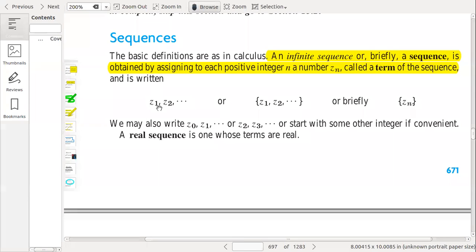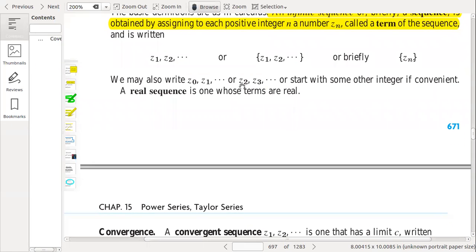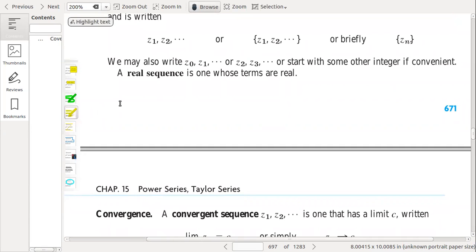We can write a sequence as Z1, Z2, and so on, or we can write these terms in brackets, or briefly as Zn, where n is a positive integer. We may also write Z0, Z1, and so on, or Z2, Z3, or start with some other integer if convenient.